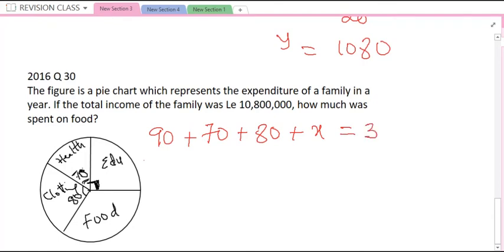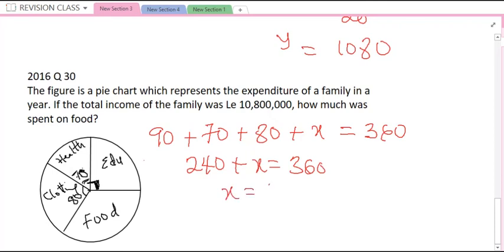The total angle in a circle equals 360. So what do we have? We have 90 plus 70 plus 80, that gives us 240. So you have 240 plus x equals 360 degrees.